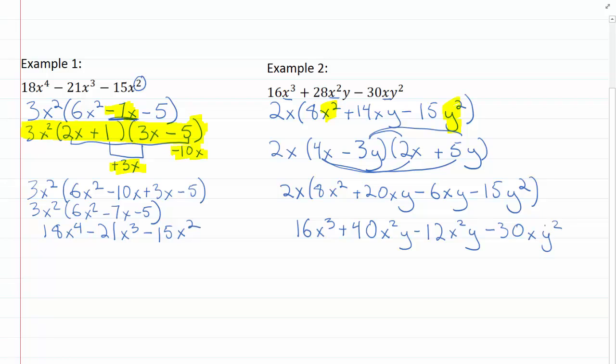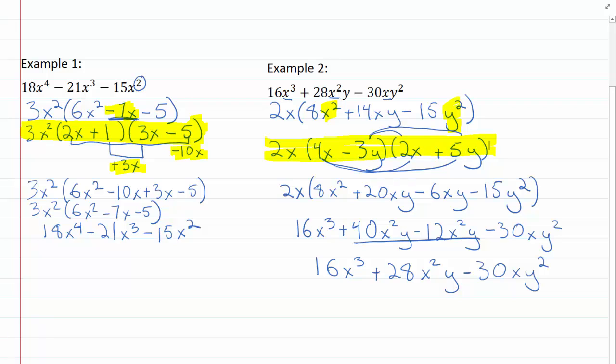So then we want to combine our like terms, and we'll get 16x to the third plus 28x squared y minus 30xy squared. Okay, which is exactly the same as the original. So that means that the part where we had it all the way broken down into a product of 3 different expressions is our factored form.